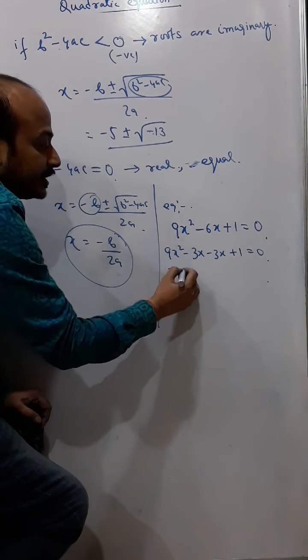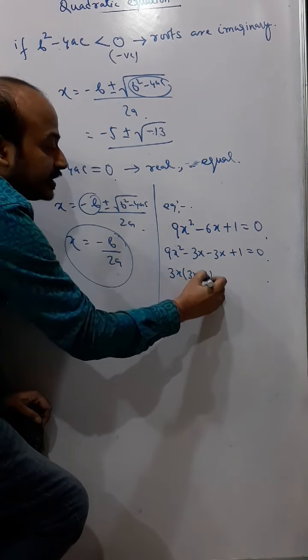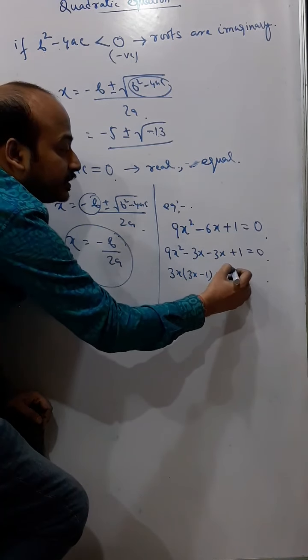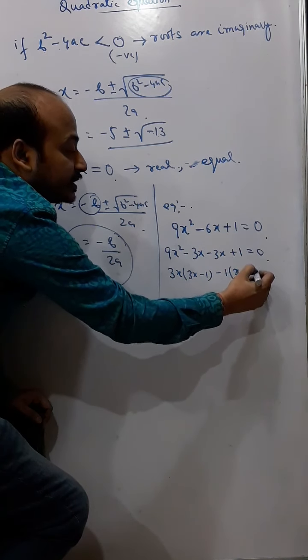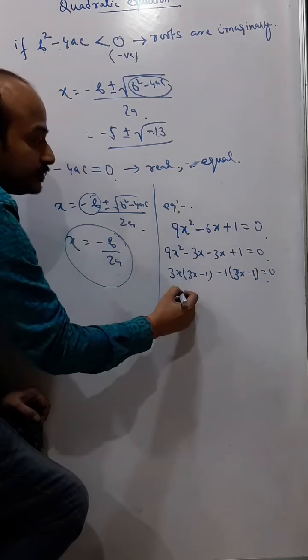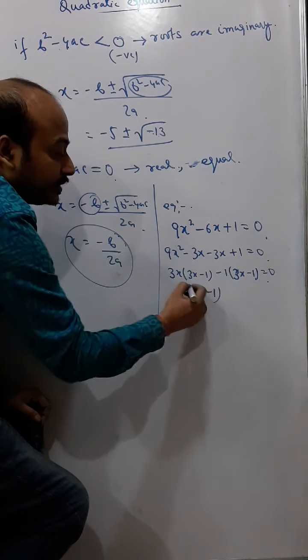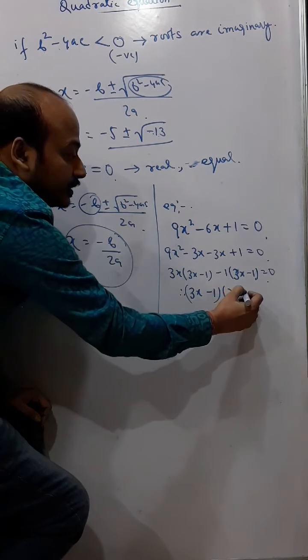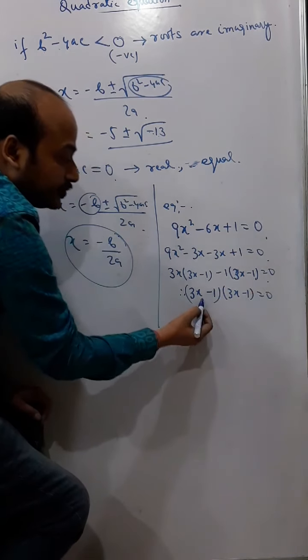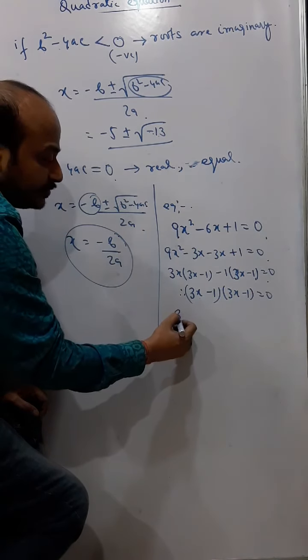We can take 3x minus 1 and 3x minus 1 equals 0. So finally you can understand, 3x minus 1 and 3x minus 1 equals 0. You see, you will get the same value for x.